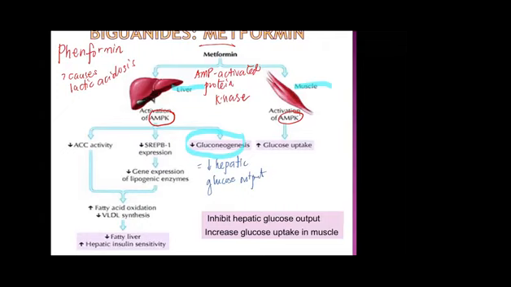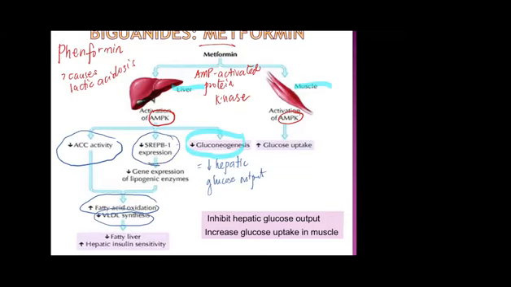Okay? What else? By activating AMPK, it can also decrease the activity of acetyl-CoA carboxylase enzyme. And by decreasing the activity of acetyl-CoA carboxylase enzyme, there is increased fatty acid oxidation and decreased VLDL synthesis. Moreover, ang activation of AMPK is also responsible for decreasing expression of this lipogenic transcription factor.